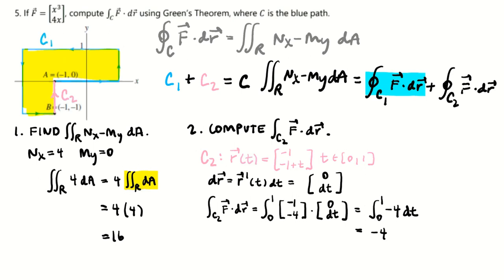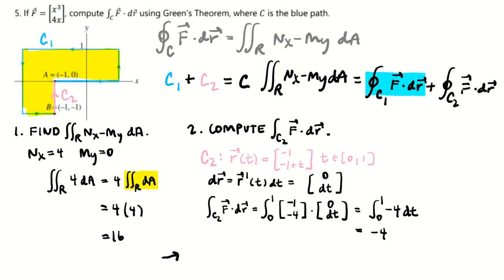Okay. And since the thing I'm looking for is the double integral minus the path integral, which came back -4, the integral over curve C1 is going to be 20.